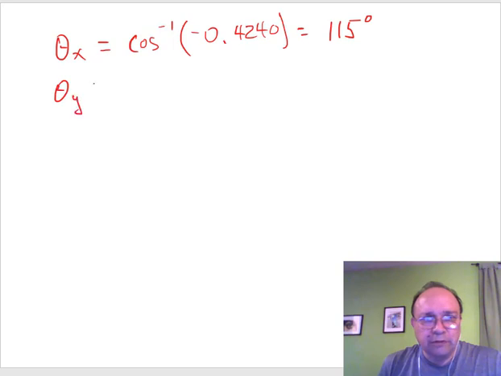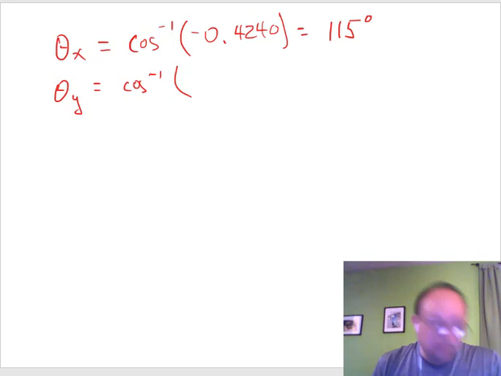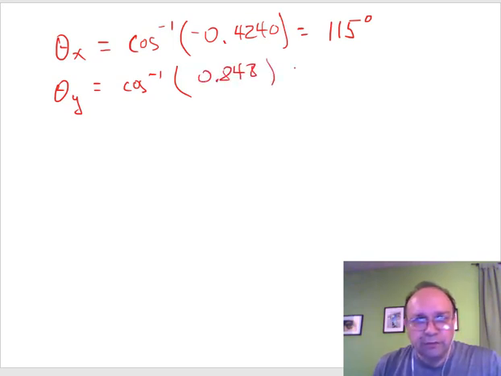Theta y, cosine minus 1 of 0.848, that will be 32 degrees.